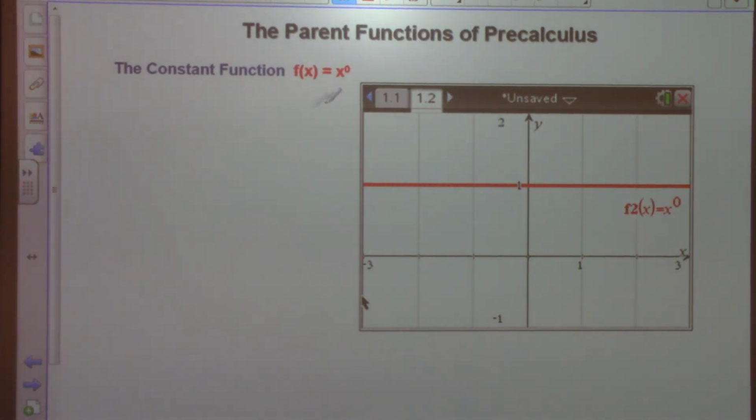And you can have a coefficient in front. If you have f of x equals 3x to the 0 power, what does that look like? Well, it's going to be a horizontal line right up here at y equals 3. So that's one thing you have. Is this an odd or an even function? Even, right? And again, this 0 is an even number. So that's all I want to say about that one.